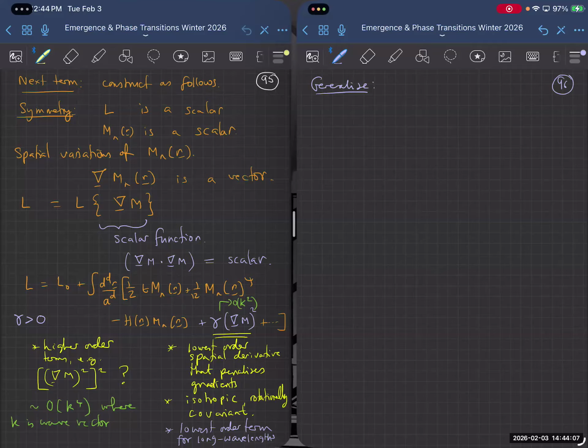But in general, we could motivate this in a different way. We could say, well, we know that L should be some L naught plus an expansion in powers of m.